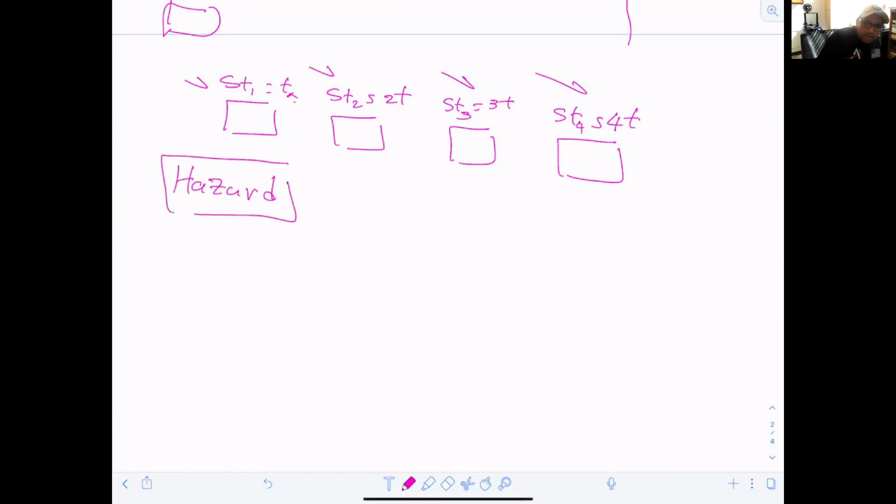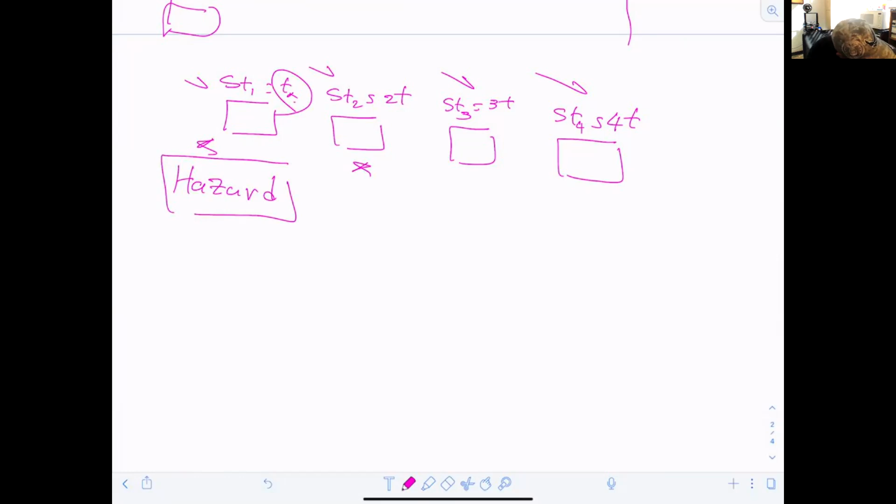What does hazard mean? I don't want, for instance, this one to take T time and then give it to this one, which takes 2T, while I push data from here, so that somehow the data gets stuck in the middle for 1T.